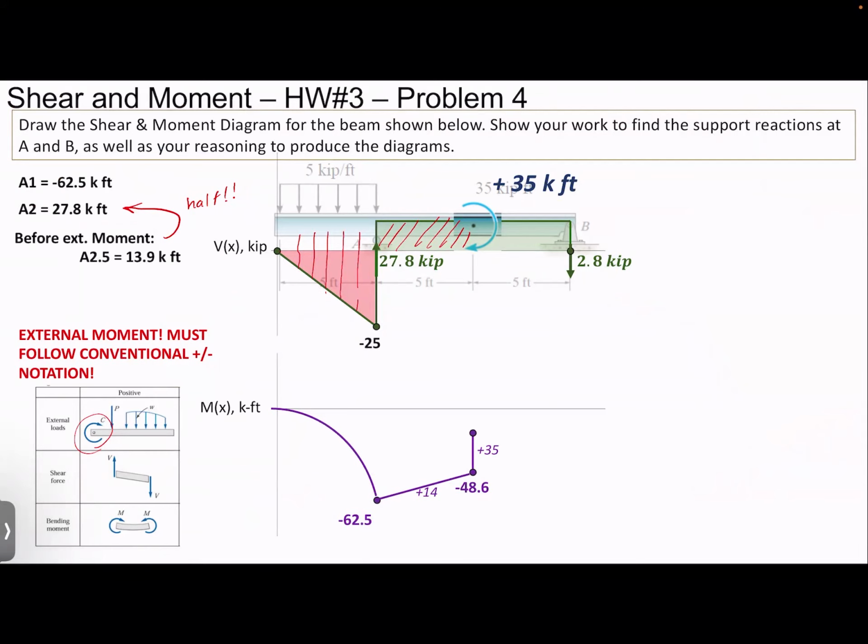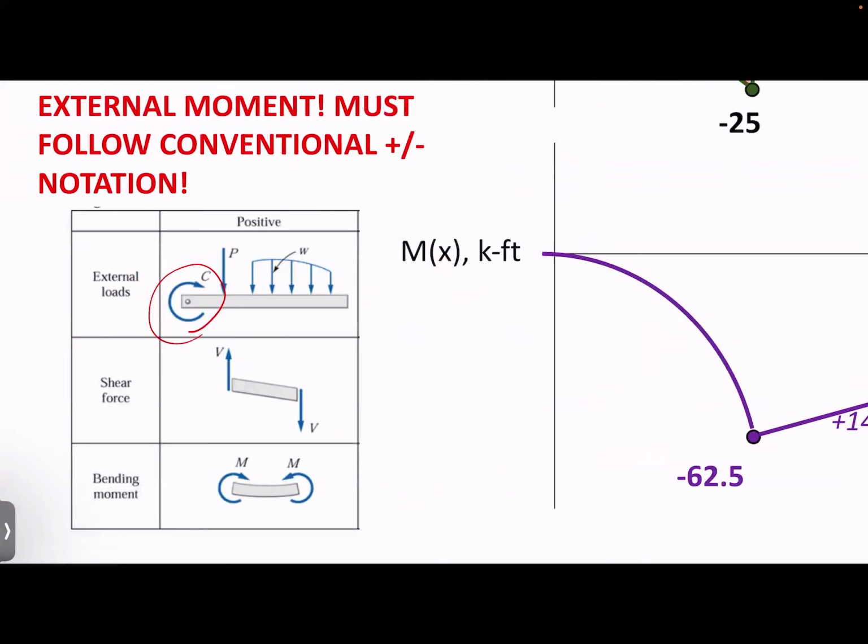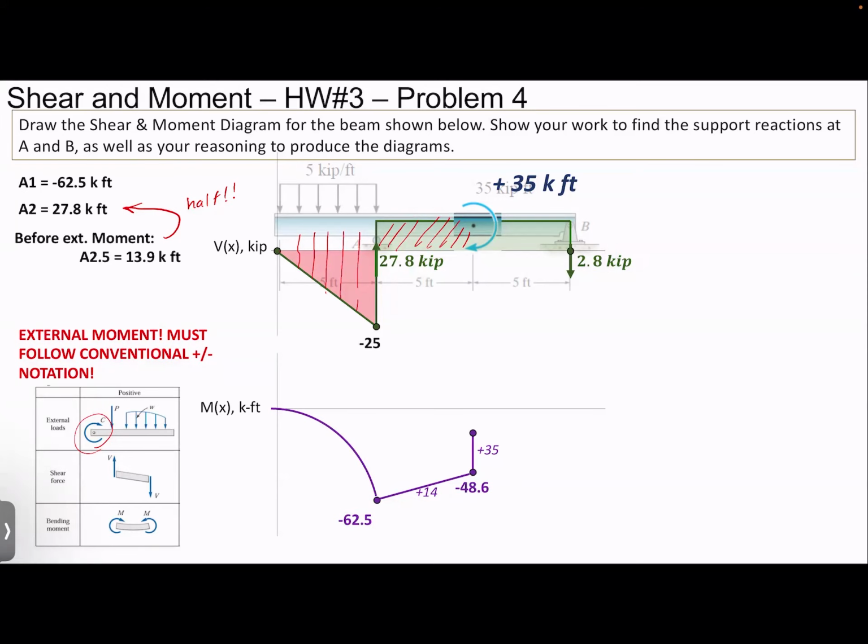So this is important. At the very beginning, when we did our statics and we were saying counterclockwise is negative or something, that's just for my own personal math. When we're talking about external moments compared to a moment diagram, then we have to follow the rules of what a positive value is. It's the same thing as when you make an internal cut: you have to say this is a positive shear and this is a positive moment.